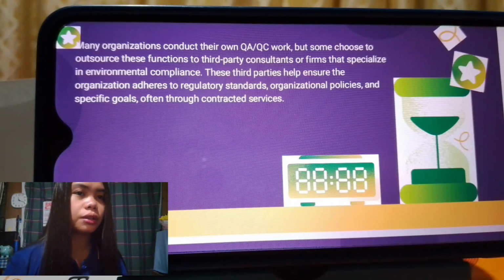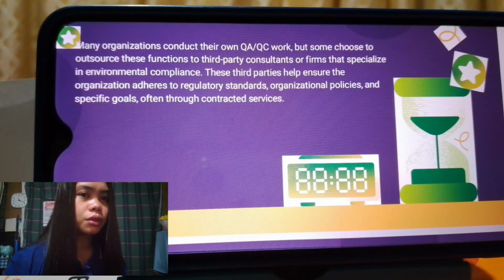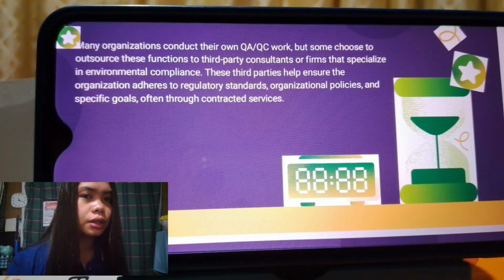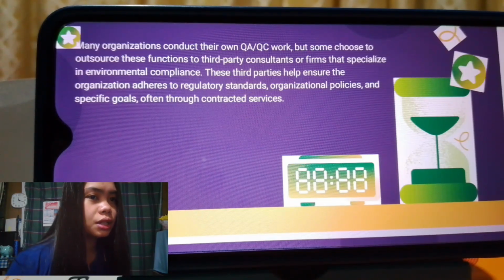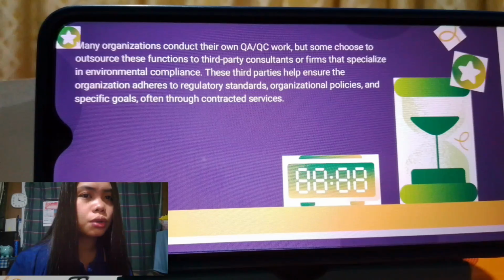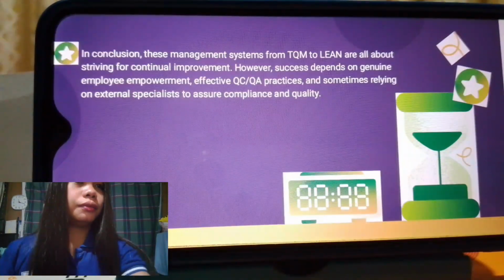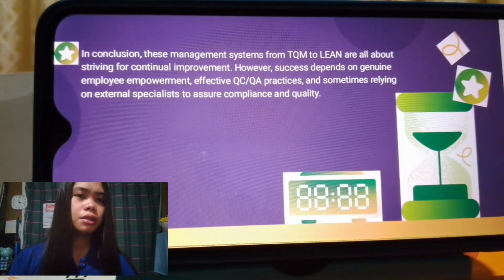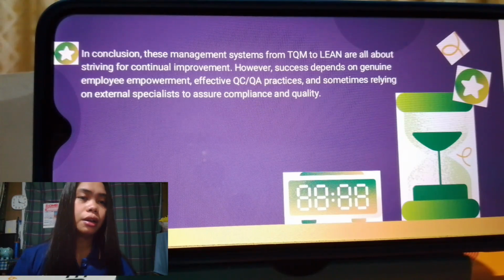To summarize QA and QC, many organizations conduct their own QA and QC work, but some choose to outsource this function to third-party consultants or firms that specialize in environmental compliance. These third parties help ensure the organization adheres to regulatory standards, organizational policies, and specific goals, often through contracted services.